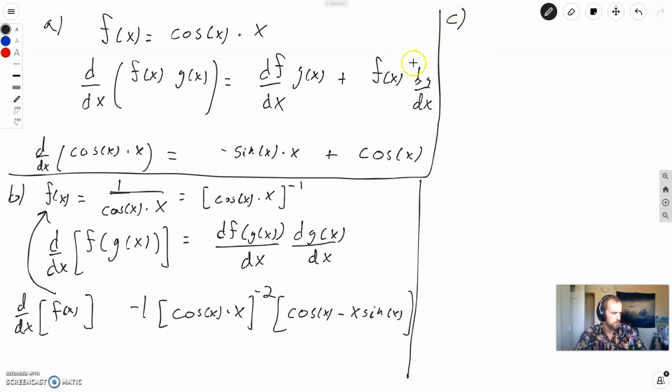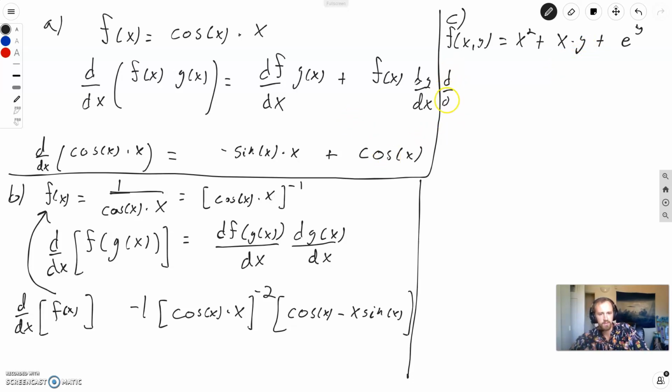Okay, part C. This one we have two variables, f of x comma y equals x squared plus x times y plus e to the y. I'm trying to get you to recognize that y is an additional independent variable.